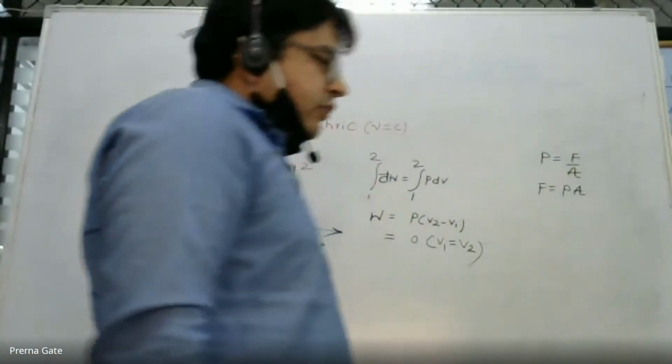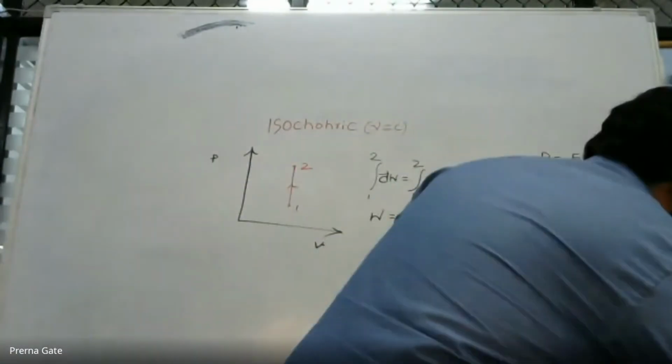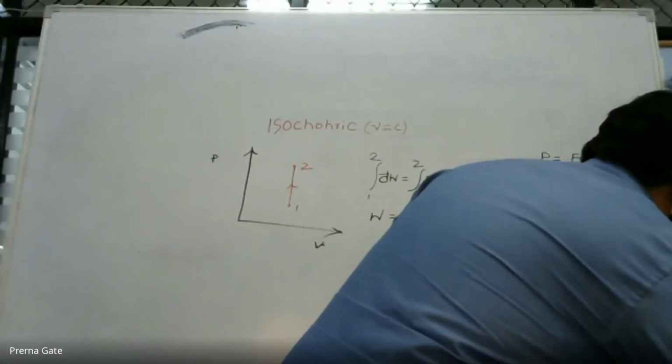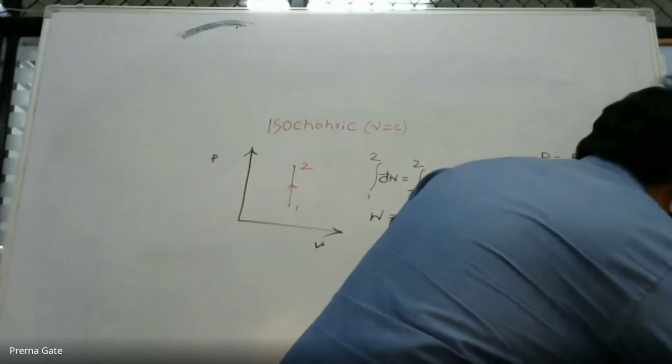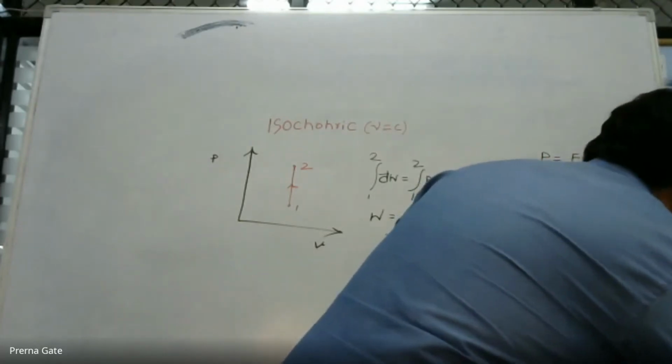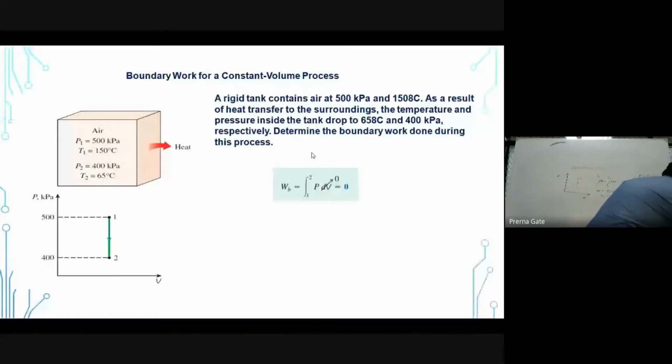So let us have an example on an isochoric process. The problem is, a rigid tank contains air at 500 kilopascal and 1508 degrees centigrade. As a result of heat transfer to the surroundings, the temperature and the pressure inside the tank drop to 658 degrees centigrade and 400 kilopascal respectively.